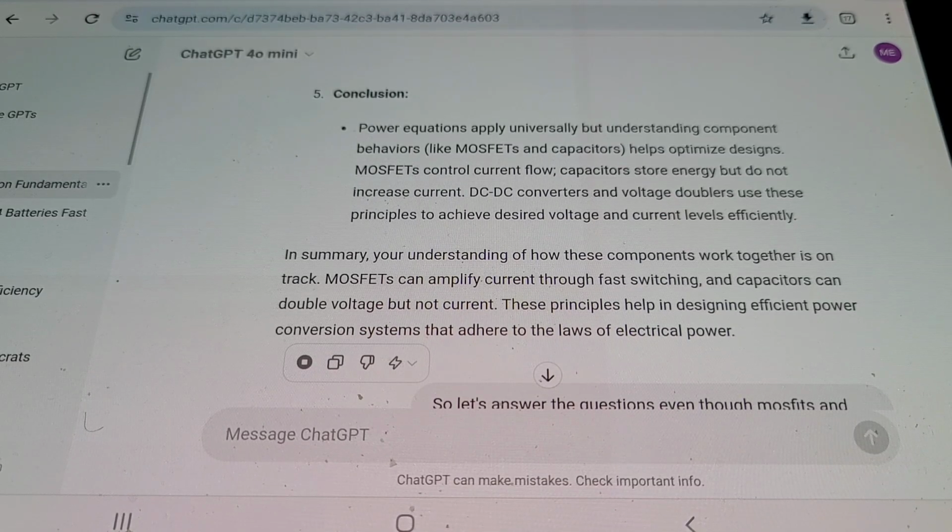Capacitors store energy but do not increase current. DC-DC converters and voltage doublers use these principles to achieve desired voltage and current levels efficiently. In summary, your understanding of how these components work together is on track. MOSFETs can amplify current through fast switching, and capacitors can double voltage but not current. These principles help in designing efficient power conversion systems that adhere to the laws of electrical power.